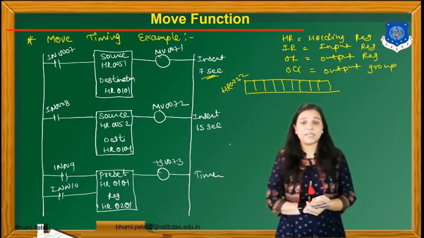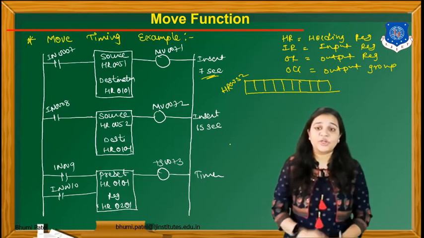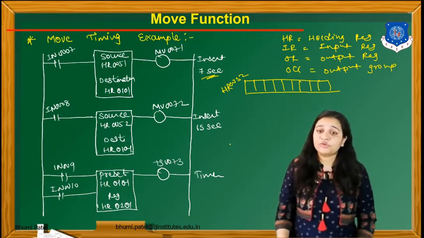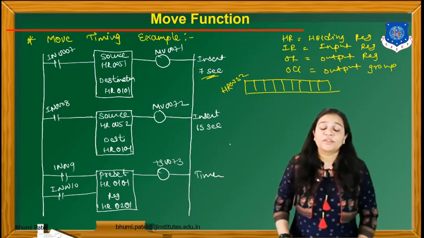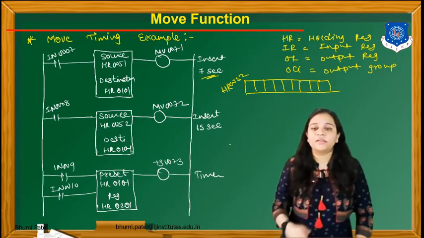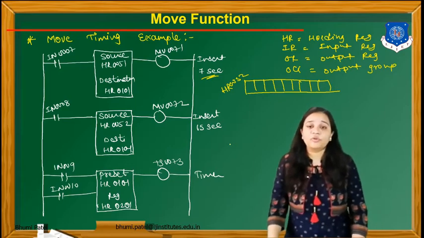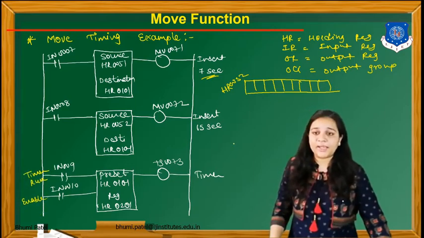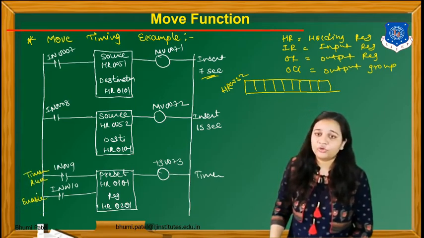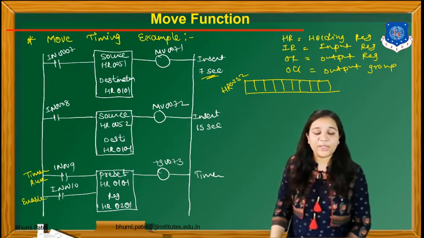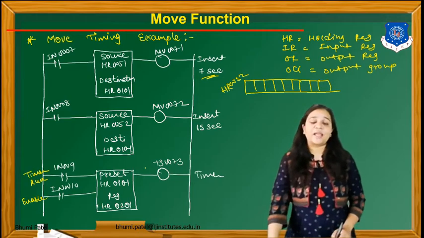And what is the block format of the timer? In the timer we must use 3 inputs or 2 inputs. The first one is the input, the second is the enable, and the third one is the reset. We have to use the enable and reset combined. So here you can see that we use the timer run and enable pin. Now what is the format of the timer?